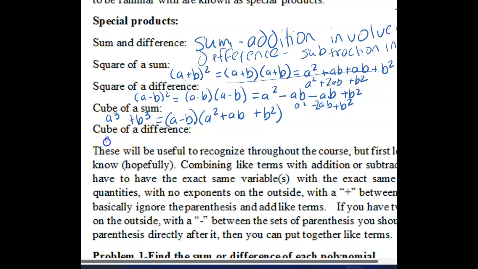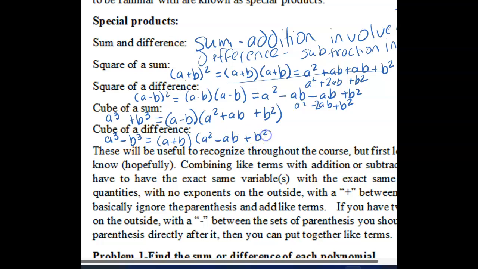So again, cube of a difference is that a cubed minus b cubed instead of the quantity of a minus b, all of that quantity cubed. So that's going to factor into being now a plus b times the quantity of a squared minus ab plus b squared.